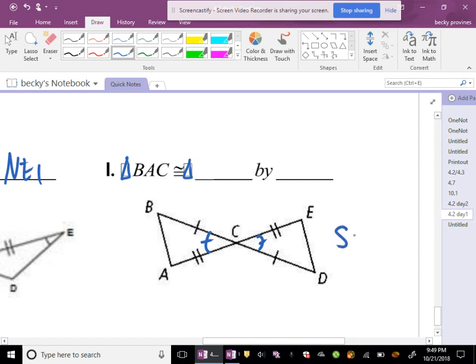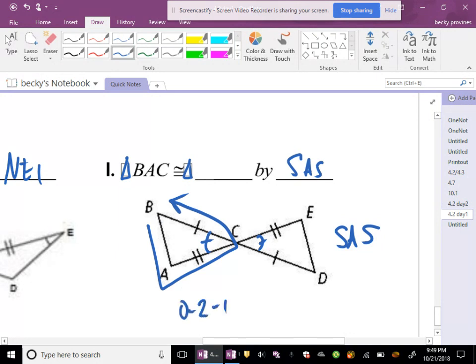And so you do have the 2 sides and you have the angle directly in between. So this is SAS. So we're going to go BAC. So you're going down the side with no marks, then down the side with 2 marks, and then down the side with 1 mark. Okay, so it looks like my order should be DEC.